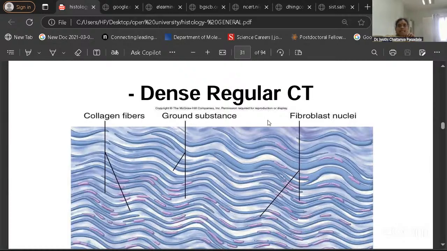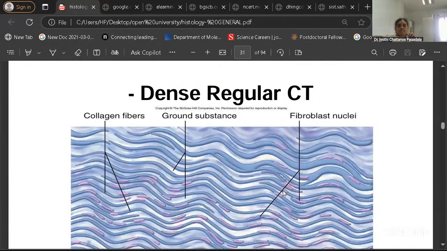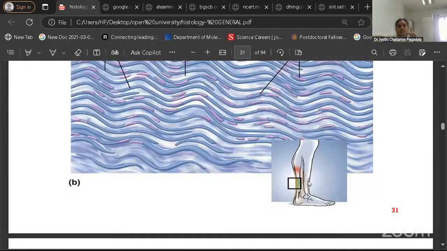Dense regular connective tissue has collagen fibers, a ground substance, and fibroblast nuclei. Here you can see the presence of dense regular connective tissue in the leg.